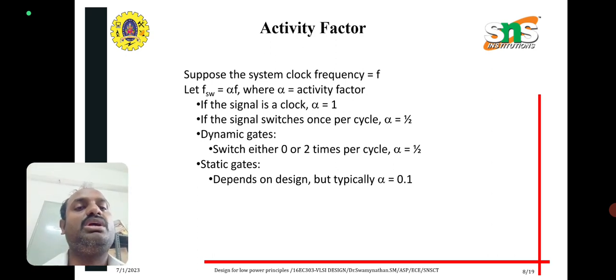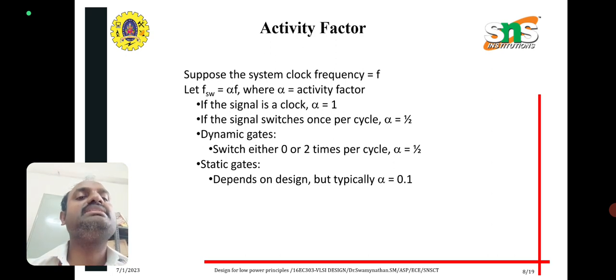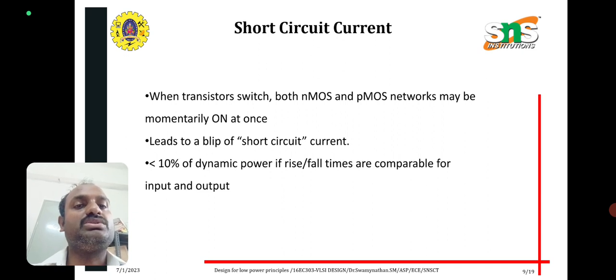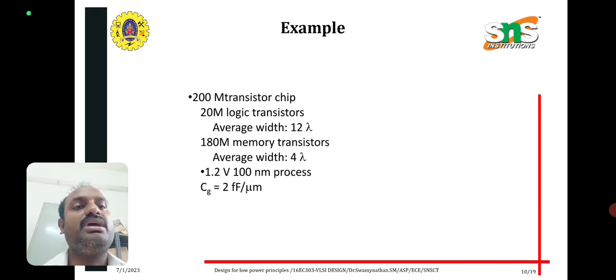If it is a static gate, it depends on the design, alpha is about 0.1. Short circuit current occurs when both transistors are on at the same time, and it is less than 10 percent of the dynamic power if rise and fall times are comparable for the input.